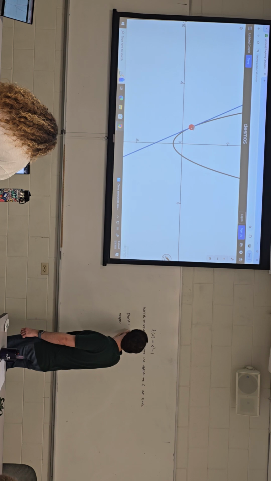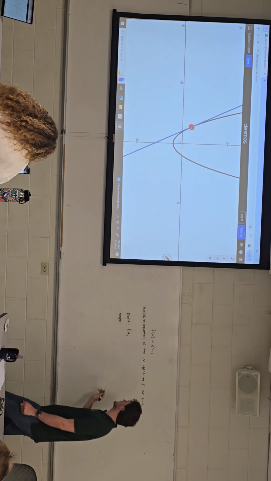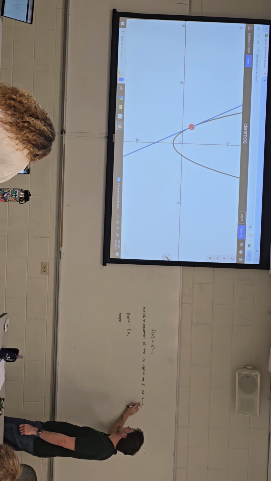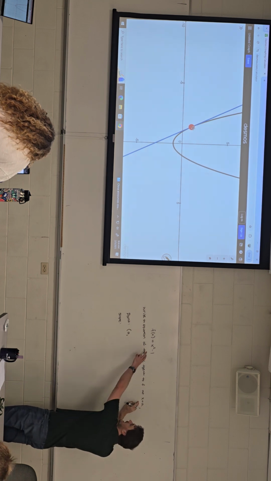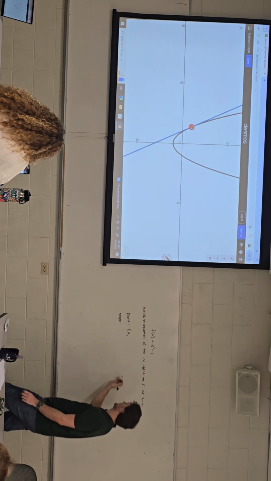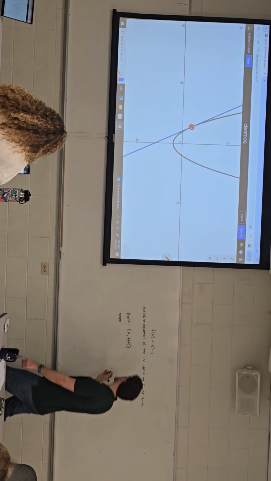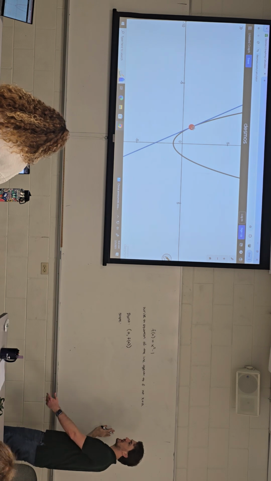I have an x value of a, and the y value is going to be whatever you get when you plug a into that function. And a way of writing that to stay as general as possible is just f of a.